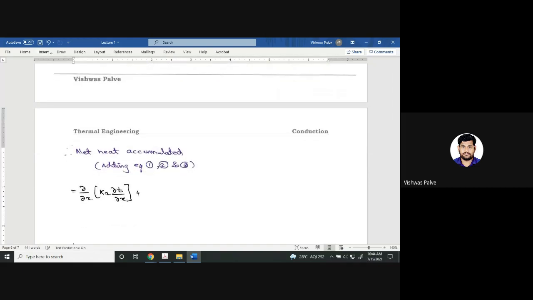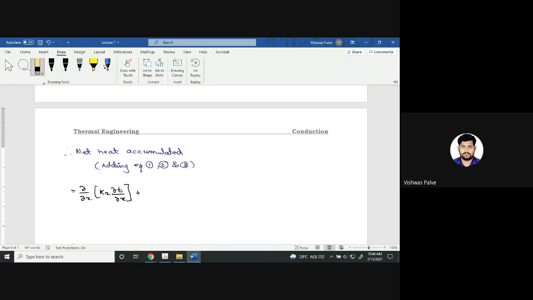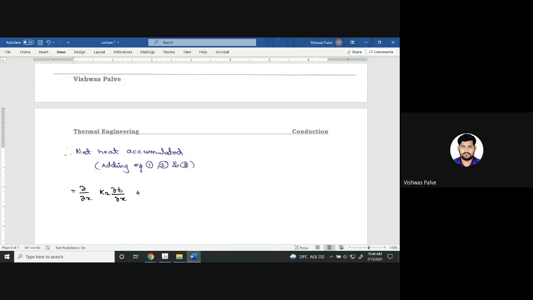Plus, I will change the bracket also, so dou by dou y, ky, dou t by dou y, plus dou by dou z, kz, bracket close, complete bracket close, into this term dx, dy, dz, d tau.